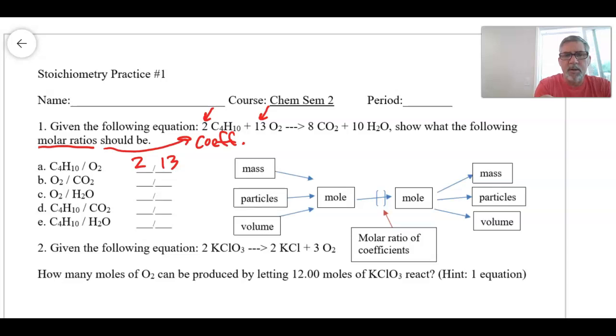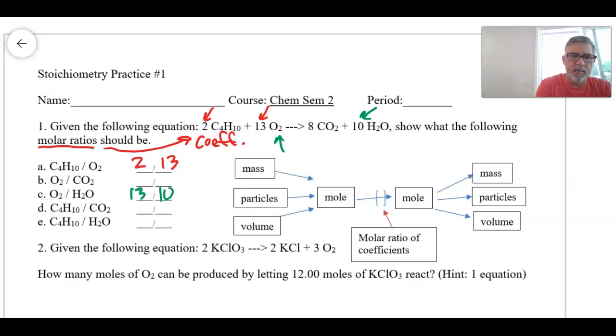If I look at oxygen to water, that's 13 to 10. That's all you're doing, writing the coefficients down.